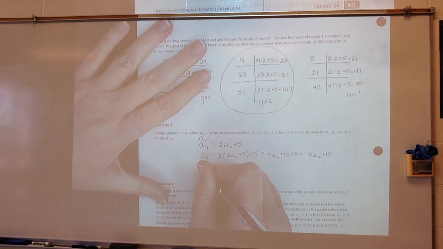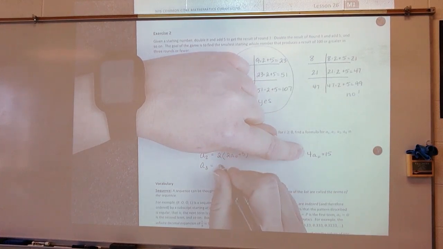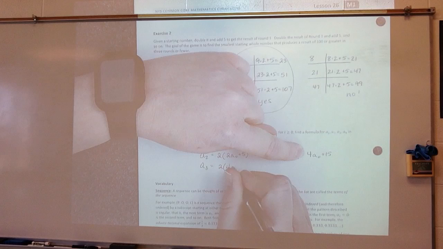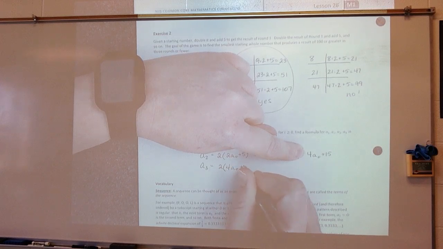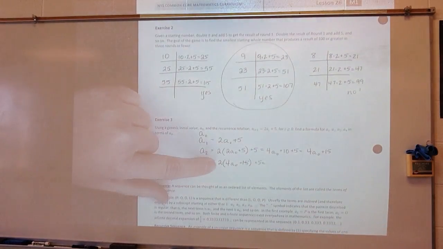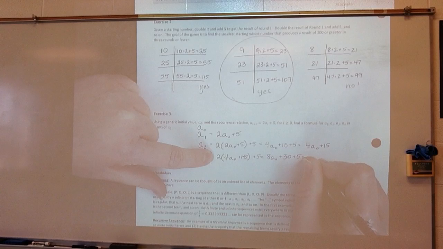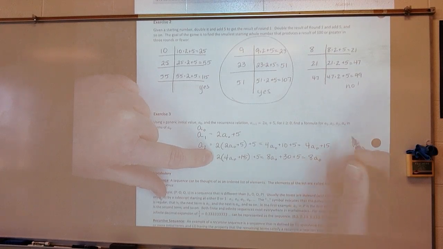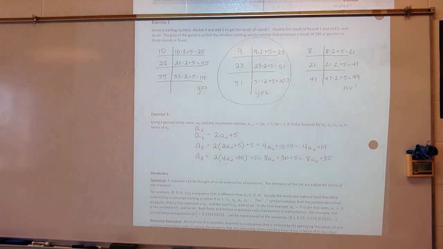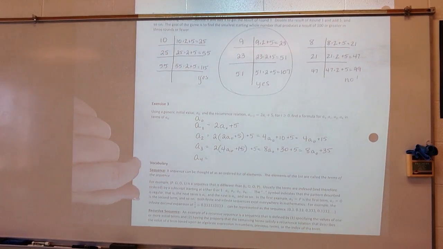Alright, let's look at a sub 3. Well, I'm taking this and multiplying it by 2, and then adding 5 again. So I get 8 a sub 0 plus 30 plus 5. So I get 8 a sub 0 plus 35. Alright. A sub 4.